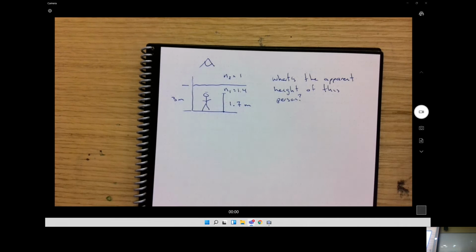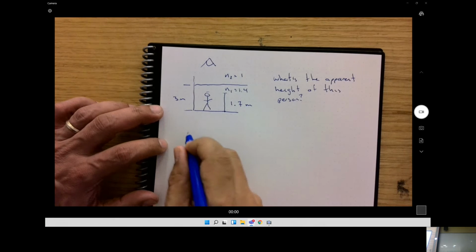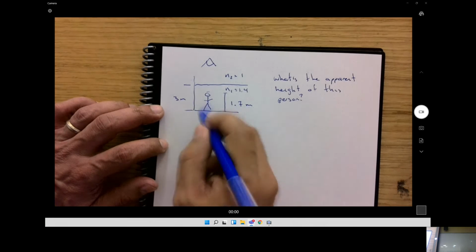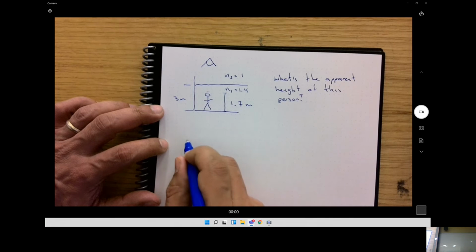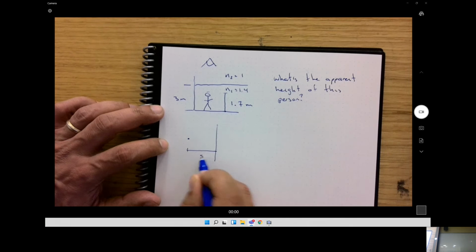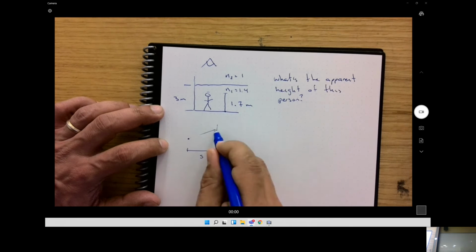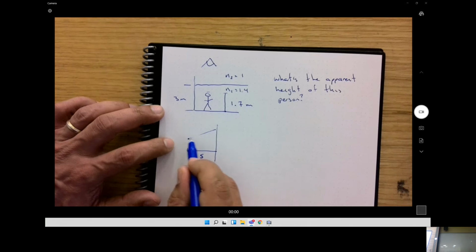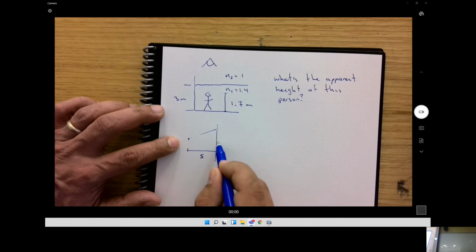Okay, so first thing, we're gonna do it in two parts. First, we're gonna figure out how far the floor of the pool looks to be for the observer, and then we're gonna find out how far the top of the person seems to be. Remember the way we are defining these dimensions. S is the distance from the object to the interface.